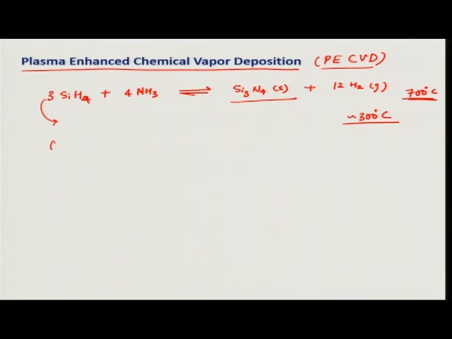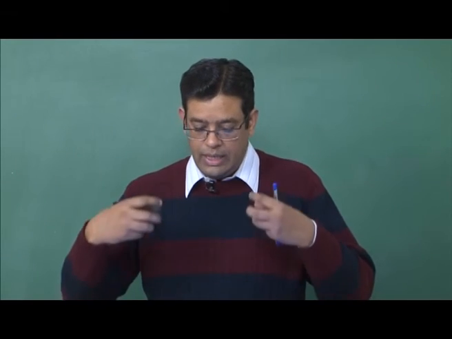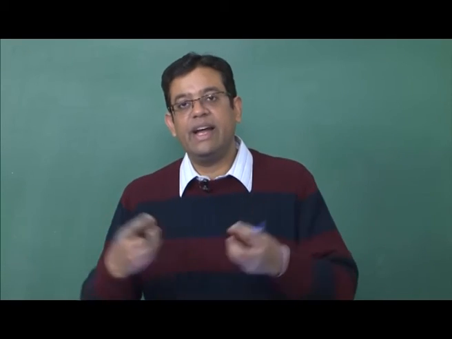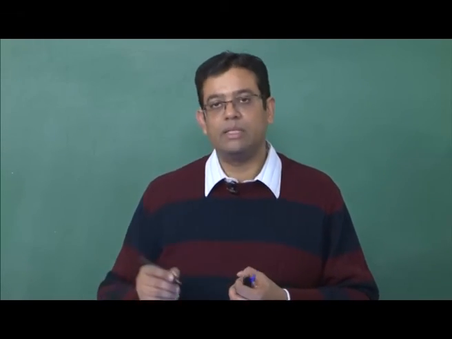Because in plasma you have excited reactive species, namely the molecules of silane and ammonia, which will react at much lower temperature. The energy to break the bonds of these and keep the nitrogen and silicon in an excited state where they react more readily is provided by plasma.